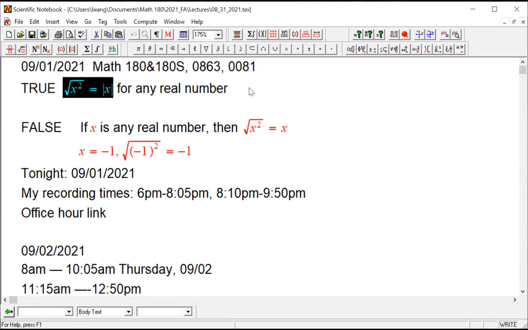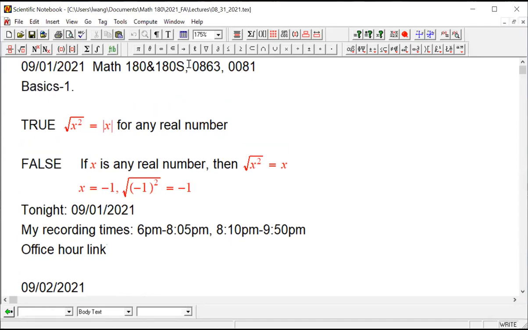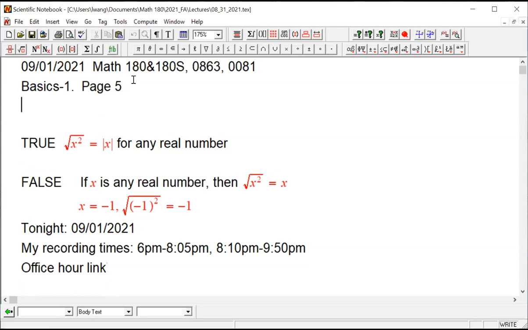Okay, so now I want you guys to look at the basic one table, in your notes, on page number 5. And we will continue on this basic one.